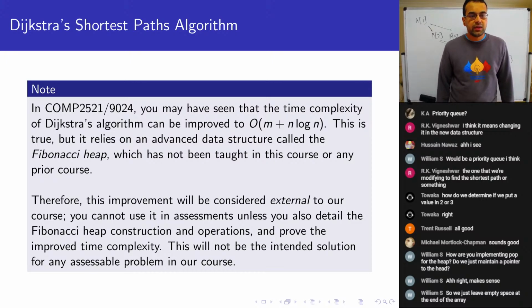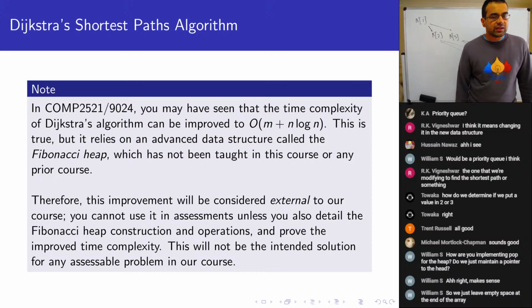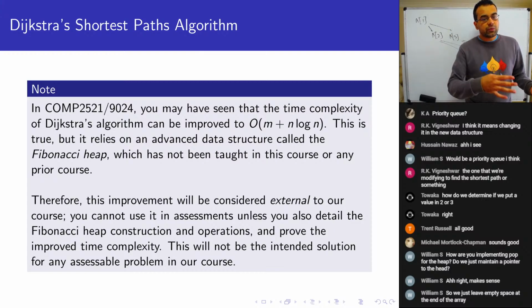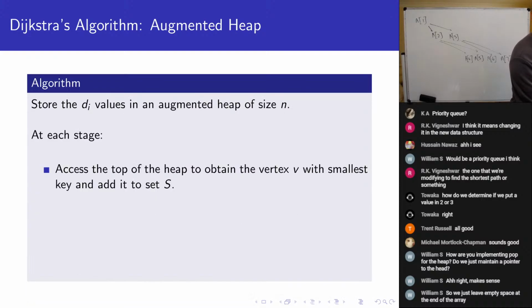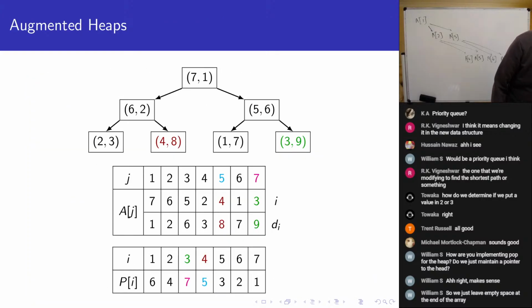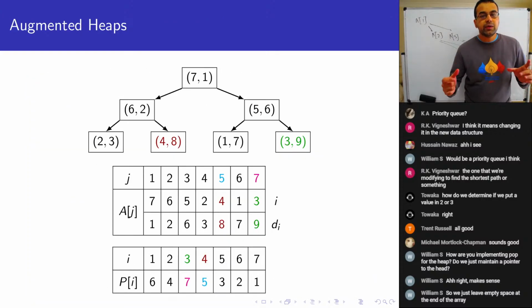Okay? William, that's not exactly it. We don't leave empty space at the end of the array because we still need to maintain that A1 is the root. So to pop something from the heap, we swap the top thing with the bottom thing.